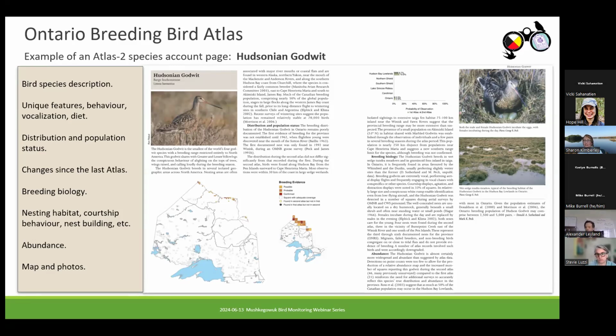Bird names in different languages, significant species, cultural importance, that kind of thing. So we'd really like to have another section in here of Indigenous significance. I'm making that title up as I go, but something within the Atlas, doesn't have to be on every single bird, but that's a really important feature of what we're hoping to change for Atlas 3: get more Indigenous knowledge included in the Atlas.